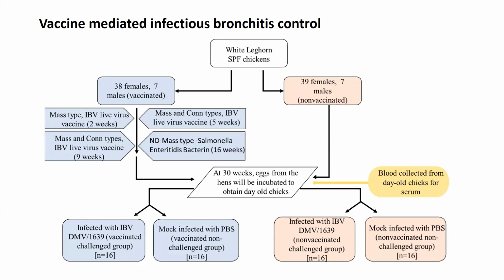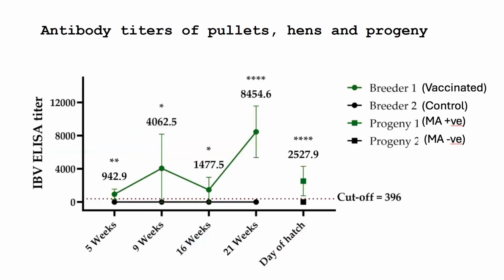And also the vaccinated hens, we used to challenge to see the protection. So you can see that the antibody response after 3 live attenuated vaccines almost doubled with the inactivated vaccine. And also we need to remember that titer is really important because only 30% of that antibody or the immune response is going to be transferred to the progeny, only 30%.